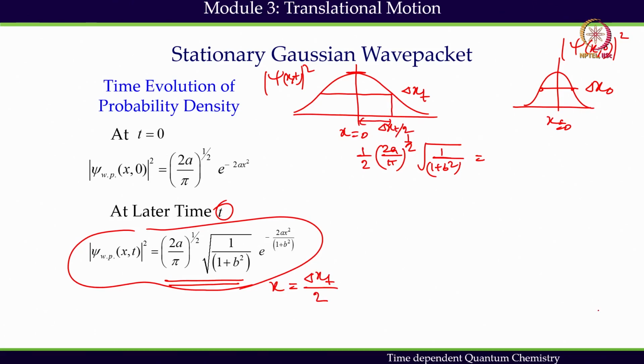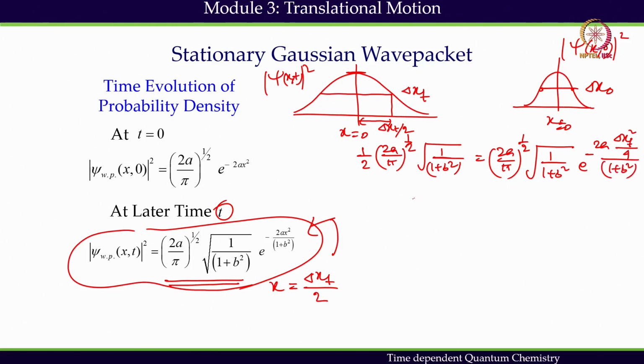So when x is that, I have to plug that in here, x value, which I get 2a by pi to the power 1 by half square root of 1 by 1 plus b square e to the power minus 2a. X is going to be delta x t square by 4 divided by 1 plus b square.